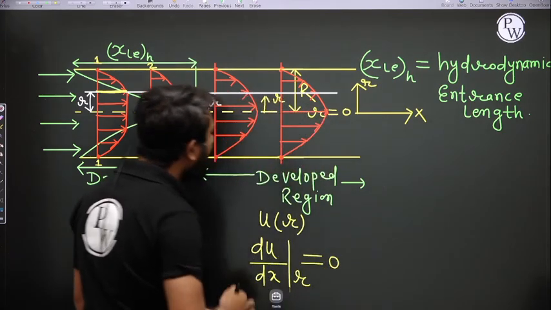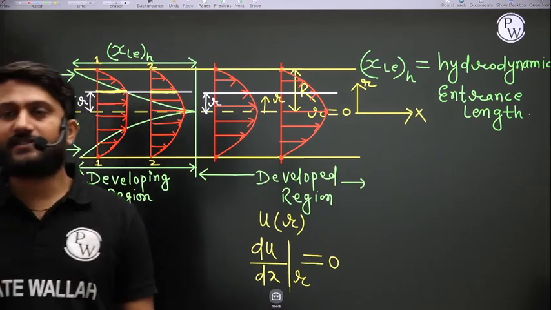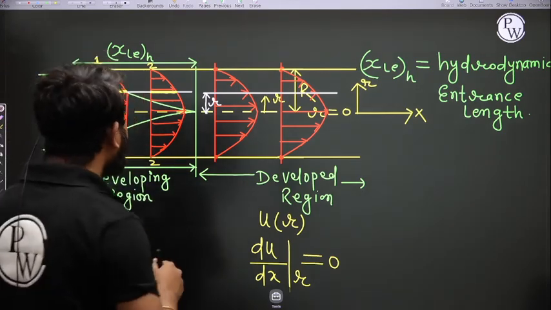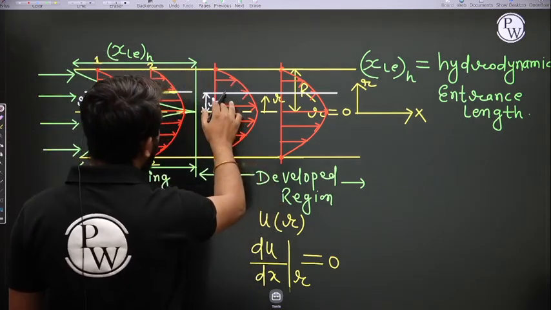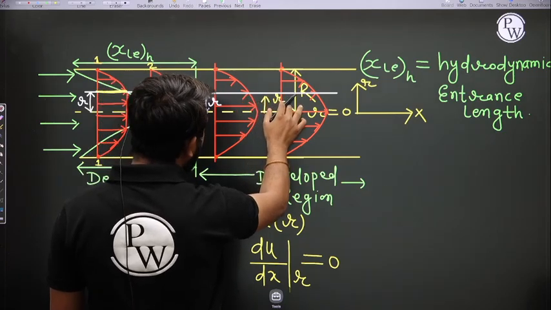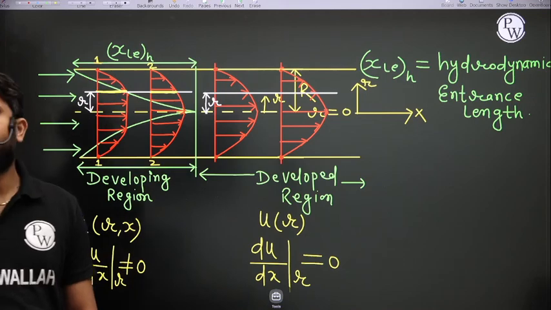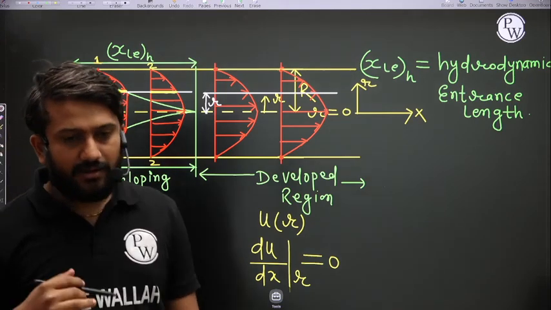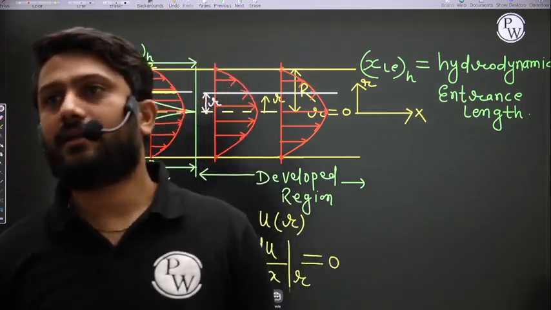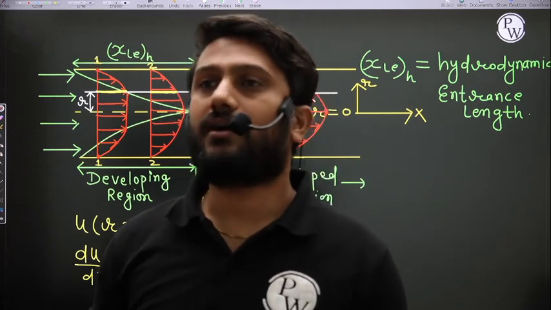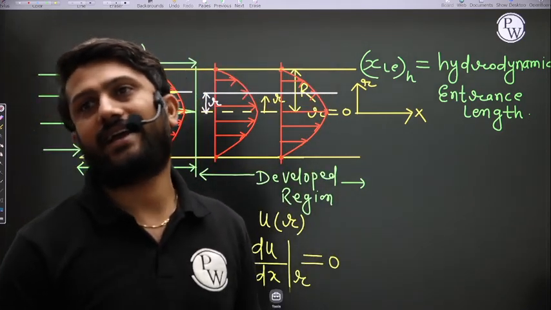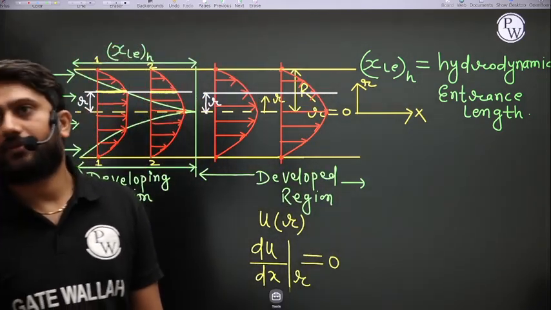What is the meaning of that? If you fix the r and observe the velocity here and observe the velocity here, both the velocities are the same. That means the velocity u is not a function of x. Is it clear?